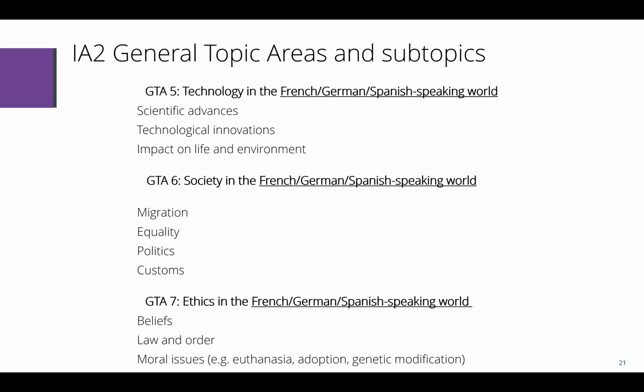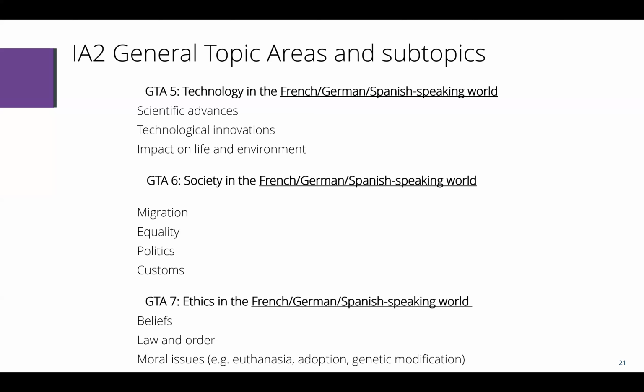But what you need to bear in mind is that the two papers at IA2 can cover both those four that we had right at the beginning, the four AS ones, and these three here.